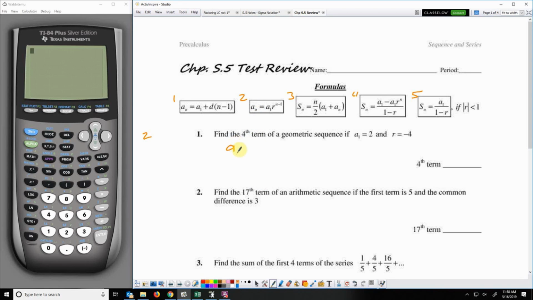So we're looking for a sub 4 equals a sub 1, which is 2, times r, -4, to the n minus 1, and we're looking for the fourth term, so that's 4 minus 1. So 2 times -4 raised to the third power is -128.